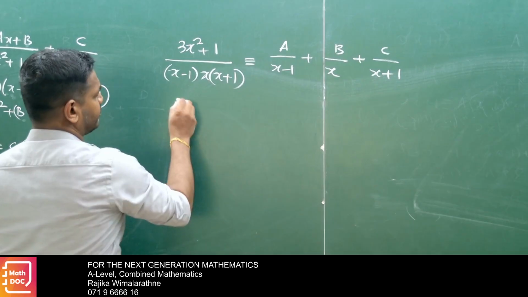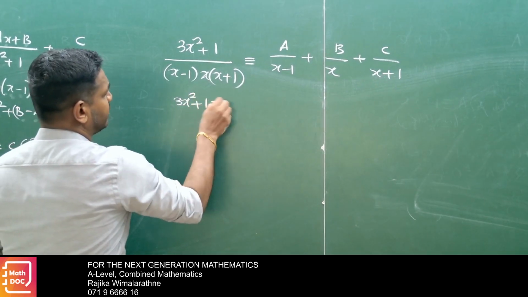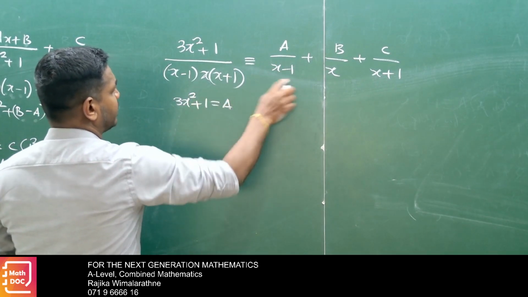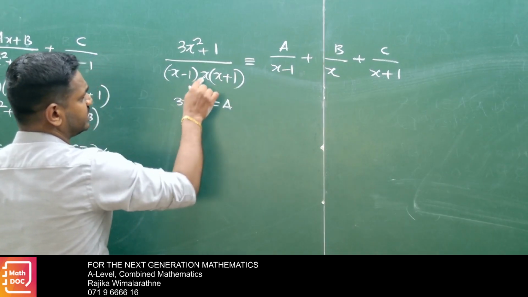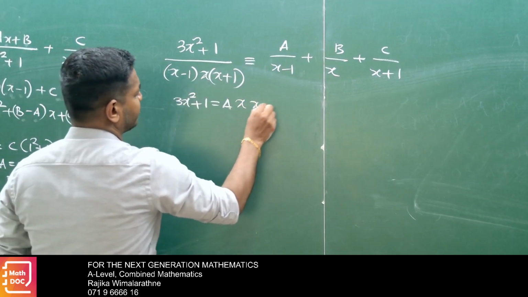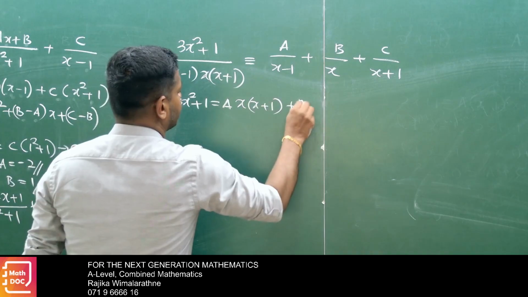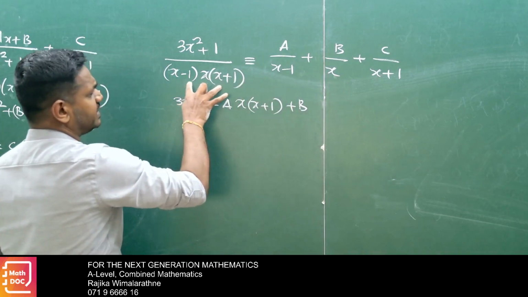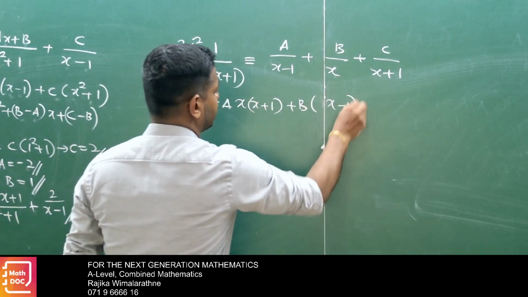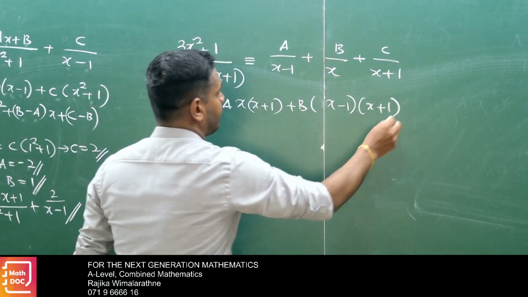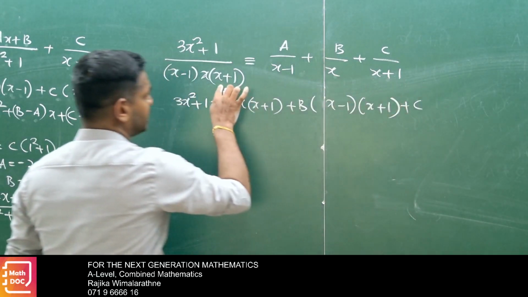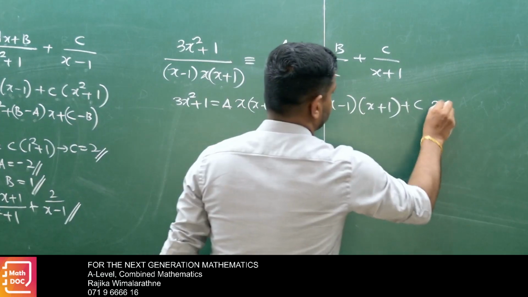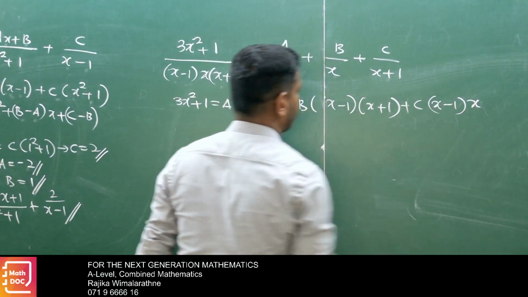Then multiply by the denominator to get 3x squared plus 1. Here we have x minus 1, you multiply with the other two. Here we have x, you multiply with the other two, x minus 1 and x plus 1. Here we have x plus 1, multiply with the other two, x minus 1 times x.